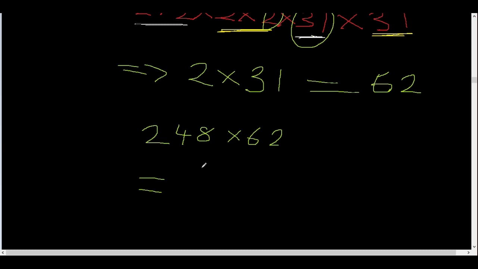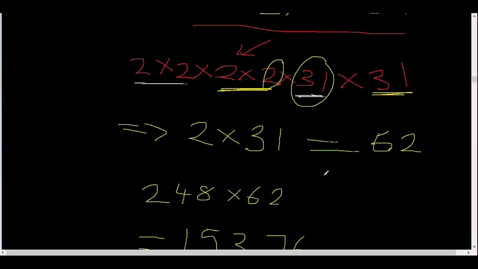Here I'm just illustrating the number that is made up by multiplying 62 into our original number, and we get 376. That is the number represented by these prime factors.